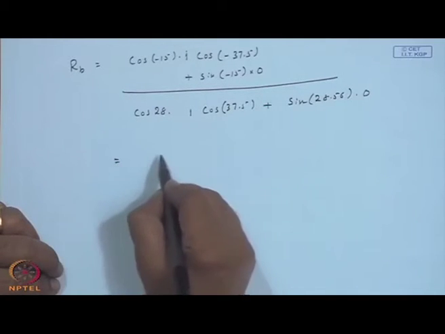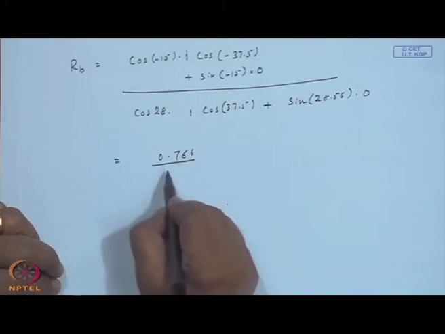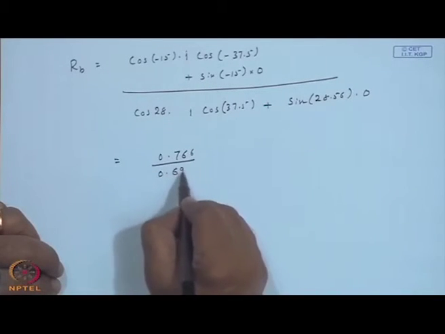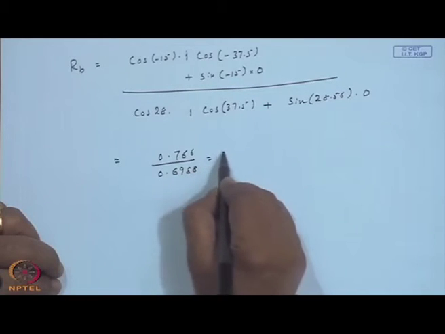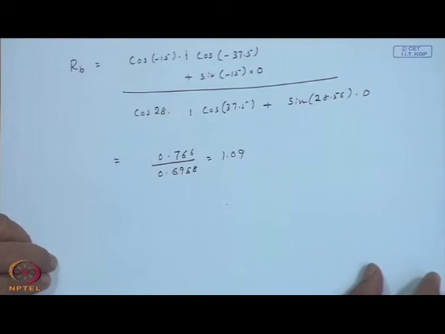This will come to 0.766 by 0.6988 into 1.09. So, the R B factor is pretty close to unity.